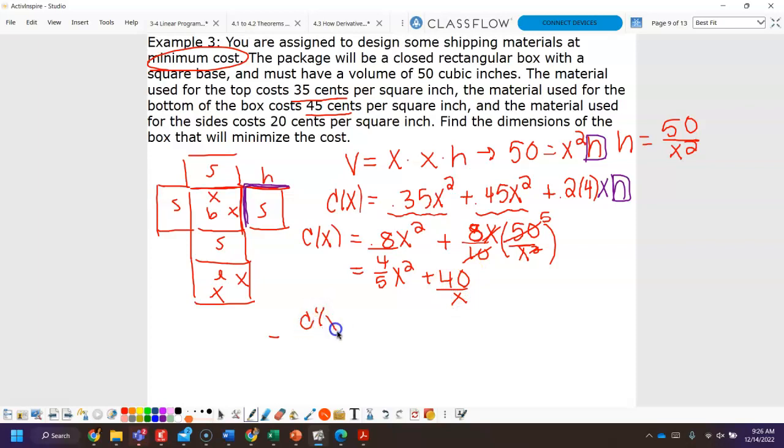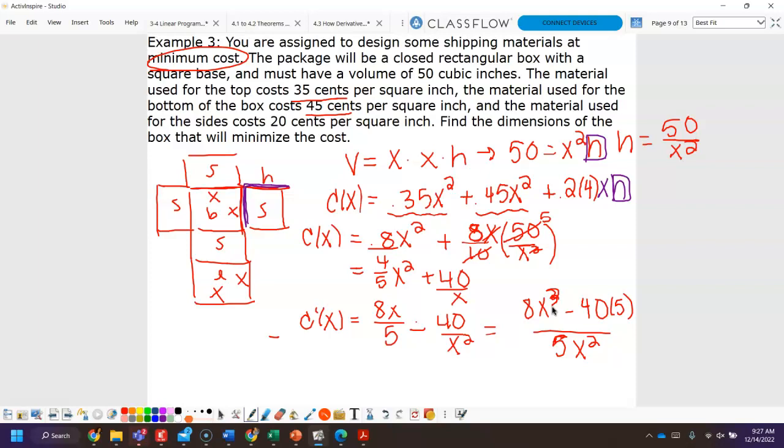So then C prime of X. So then you could multiply.